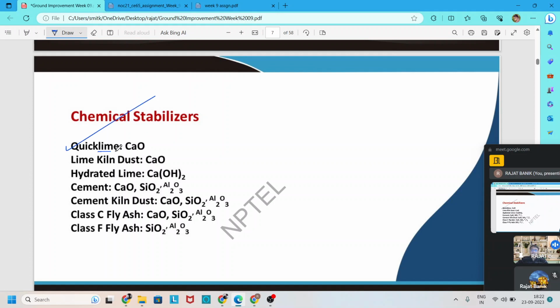First is quick lime, then lime kiln dust, then hydrated lime, then cement, then cement kiln dust, then class C fly ash and class F fly ash. So these are the different chemicals or additives, binding materials, used to improve the ground through chemical stabilization.